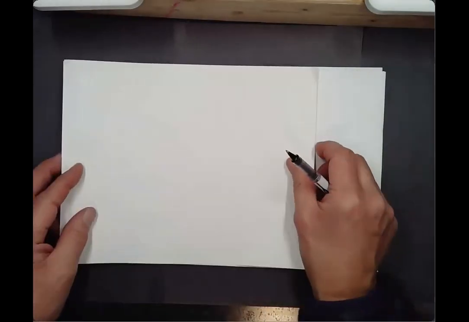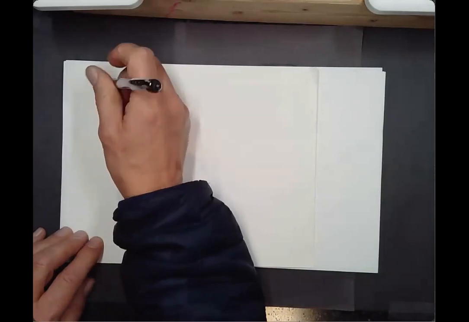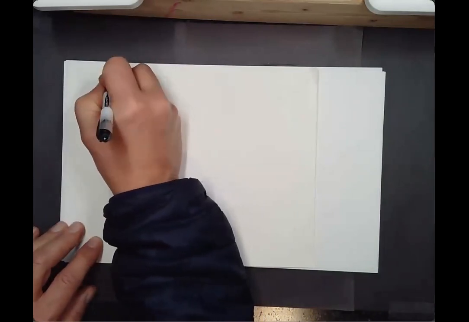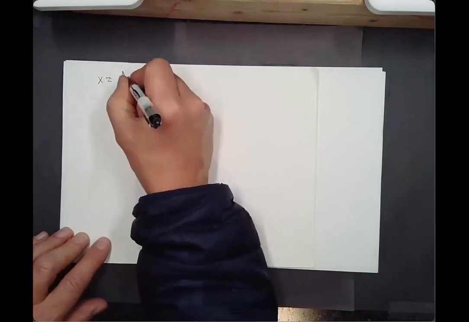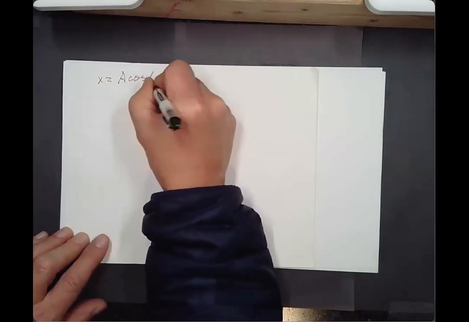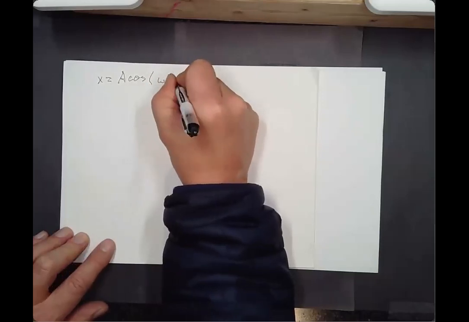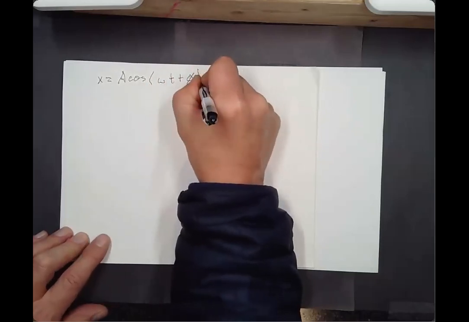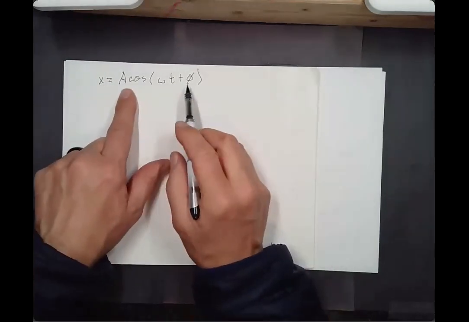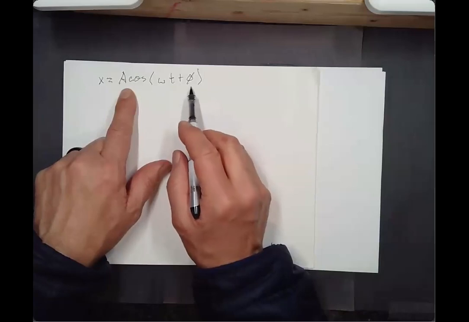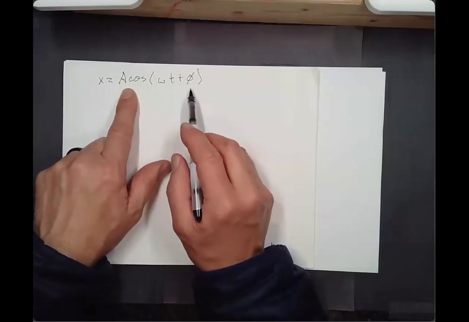But I'll show you something else that comes out of here, if we remember that x is equal to, for this situation, a cosine of omega t plus phi, and that's our most general expression for x when we've got simple harmonic motion going on.